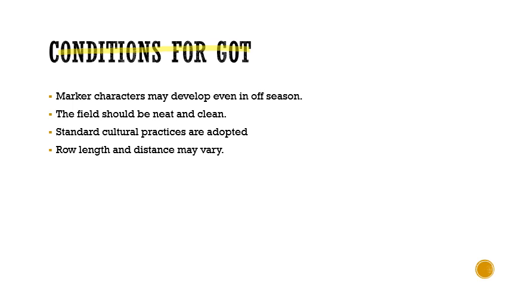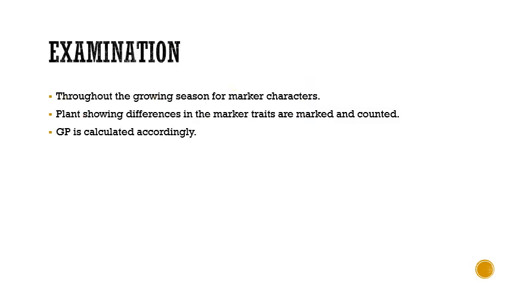So now coming to the conditions of GOT. The first and foremost condition is that the marker characters may also develop even in the off season. This will ensure that we can conduct GOT in the off seasons also. Again, the field should be neat and clean, and the standard cultural practices must be adopted. However, the row length and the distance can vary.